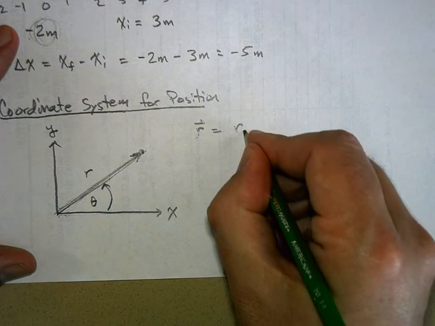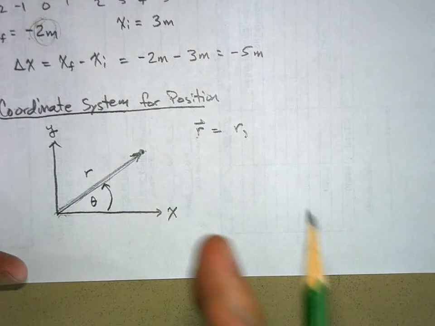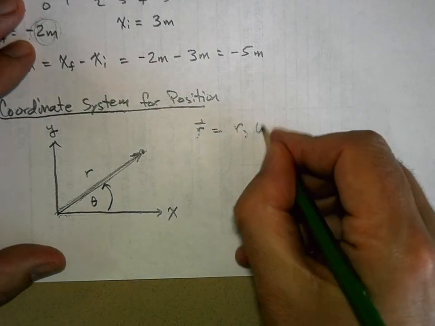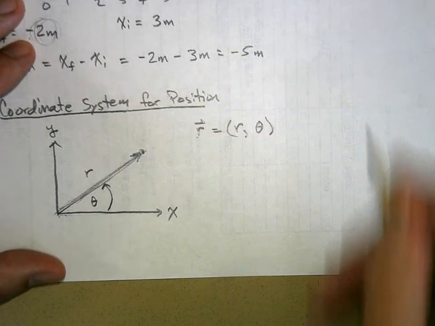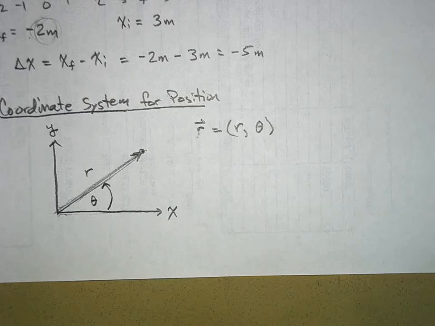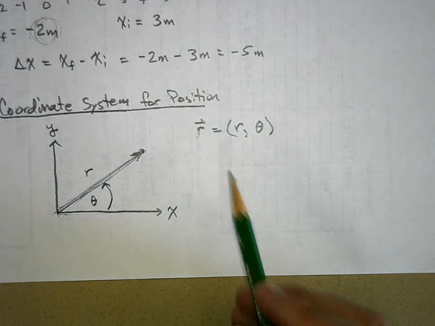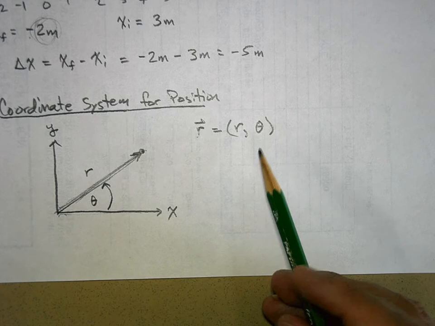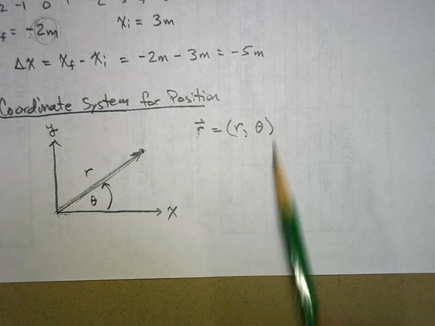We'll call that r. Usually we put the magnitude first, and then we put the angle. I think you've all done this before in your math classes. This is called a polar coordinate, and it just gives a magnitude and a direction.